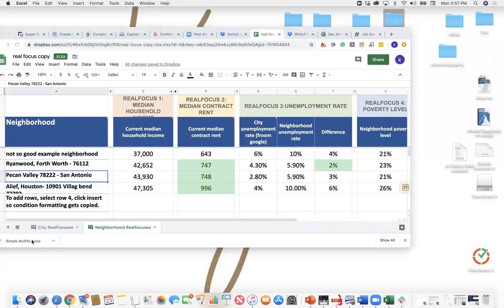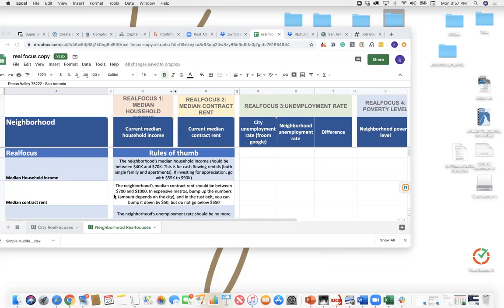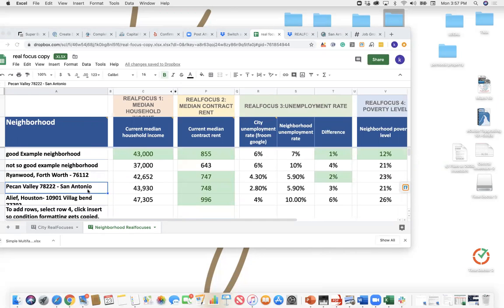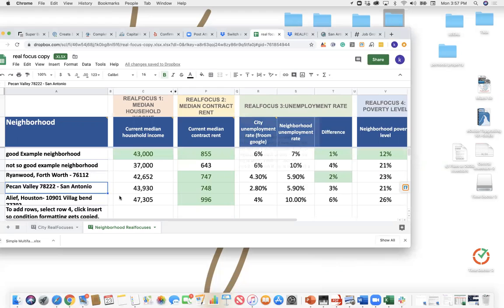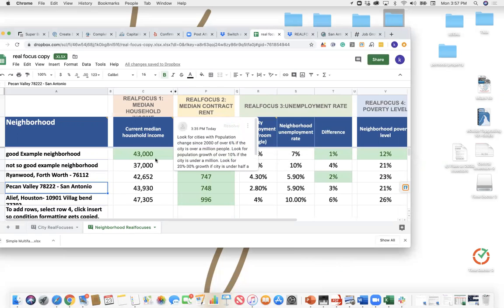So it doesn't matter. So you're going to take the actual zip code of the property, and then through that zip code, you'll be able to look it up again on city-data.com. So over here, you'll do the exact same thing as we did before. You'll scroll down on city-data.com, and you're looking for household income.